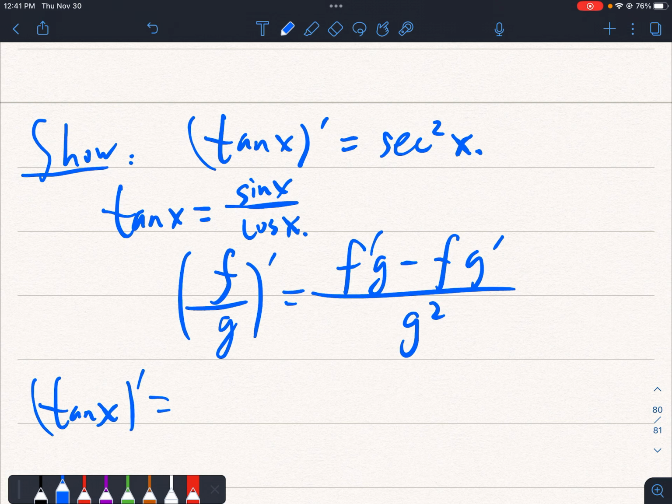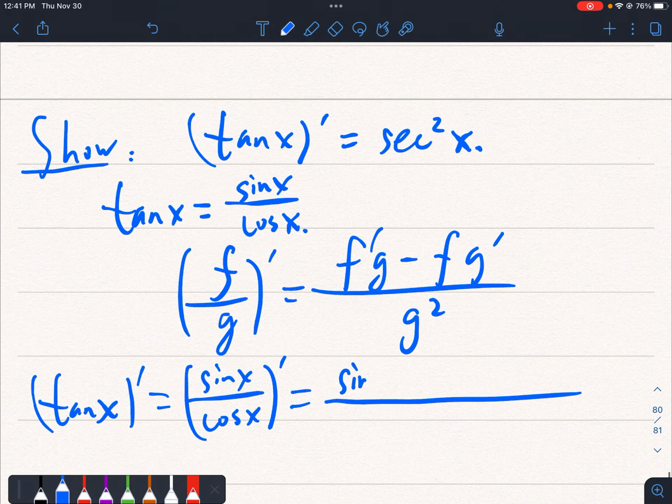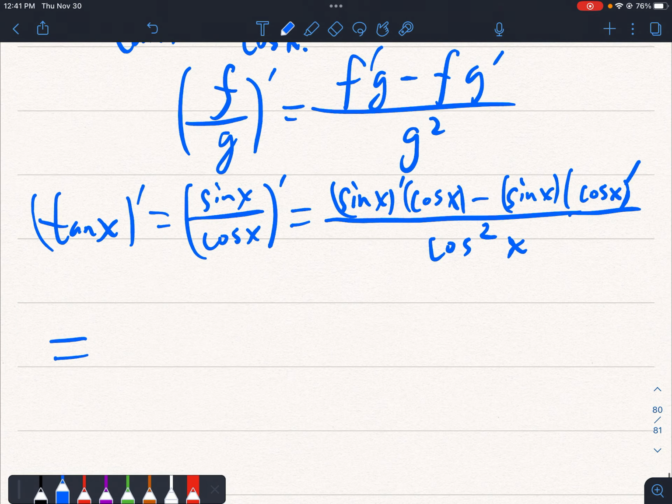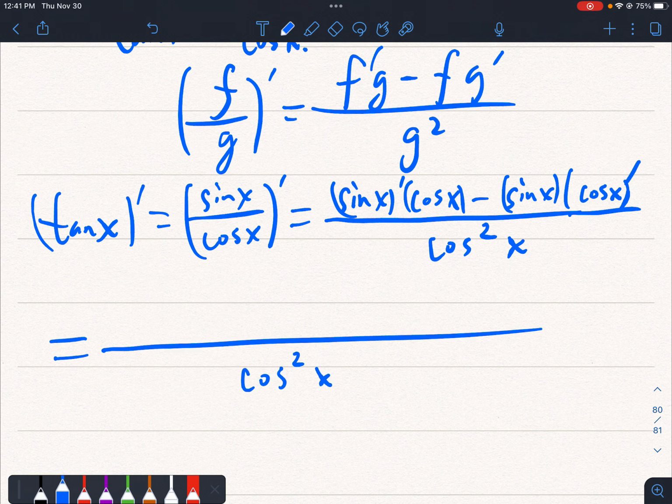So this is f prime g minus f g prime divided by g squared. So here, this tangent x prime is the derivative of sine times cos of x minus sine of x times the derivative of cos of x, divided by cosine squared of x.